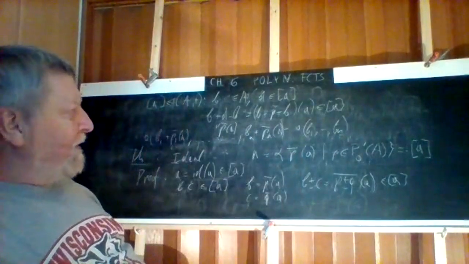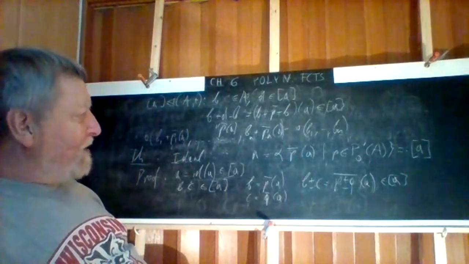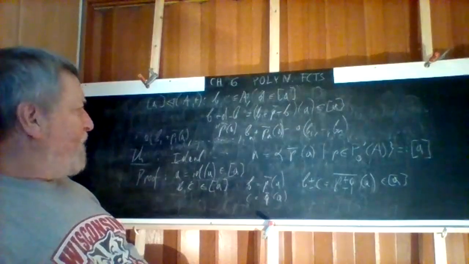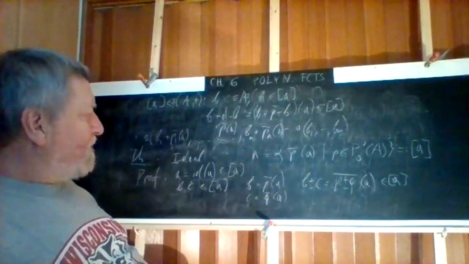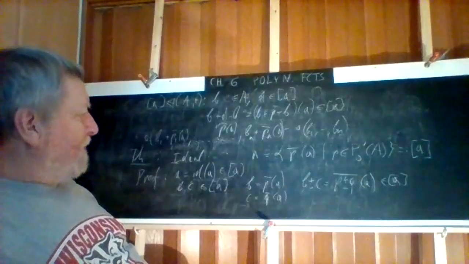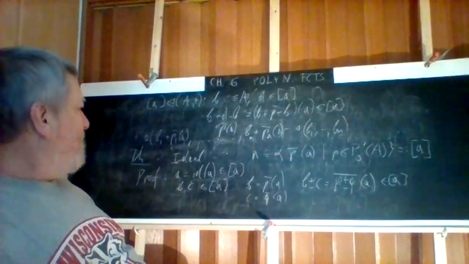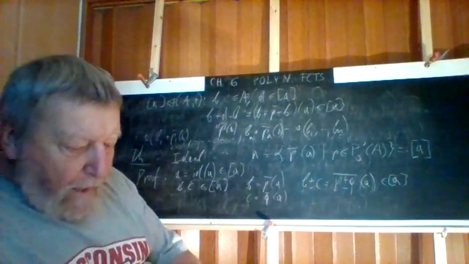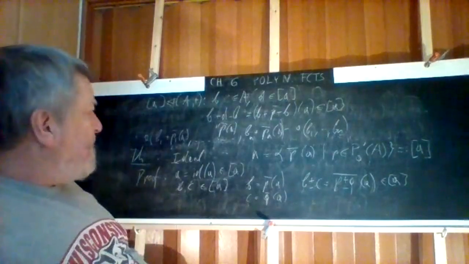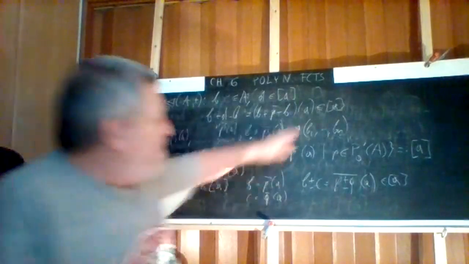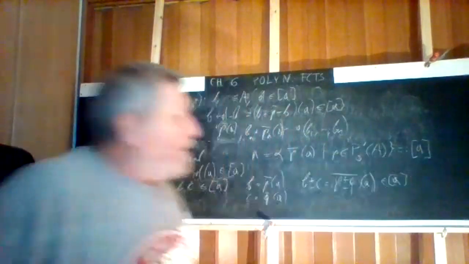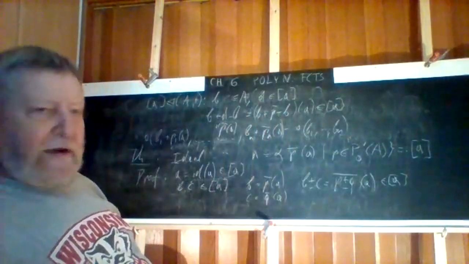We still get a polynomial function out of this. And if we plug in the value A, we will end in an element generated by A. And so we see that this bracket A is an ideal.